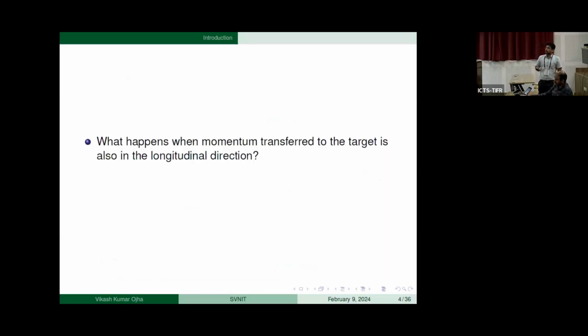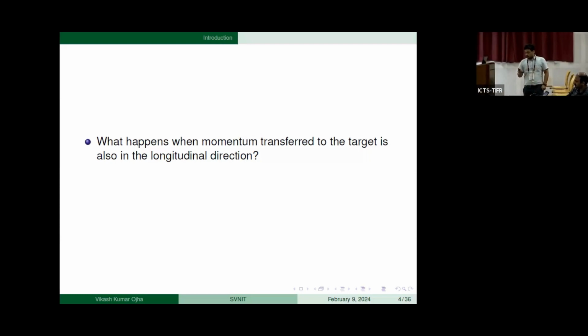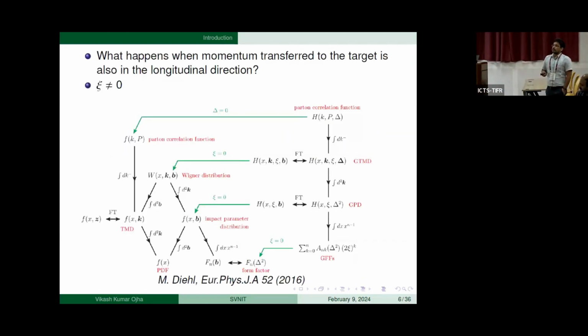So the next question is what happens when we take this skewness to be non-zero. In that particular case, the momentum transfer to the target is non-zero in the longitudinal direction, and in this case we have another set of distributions which are more general. For example, this Wigner distribution, we can find it out by taking the Fourier transform of these GTMDs. For zero skewness we get this Wigner distribution.